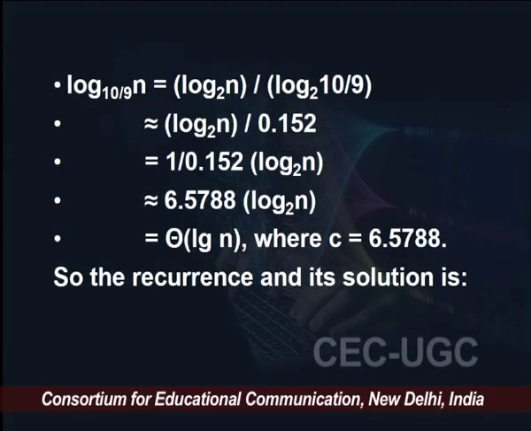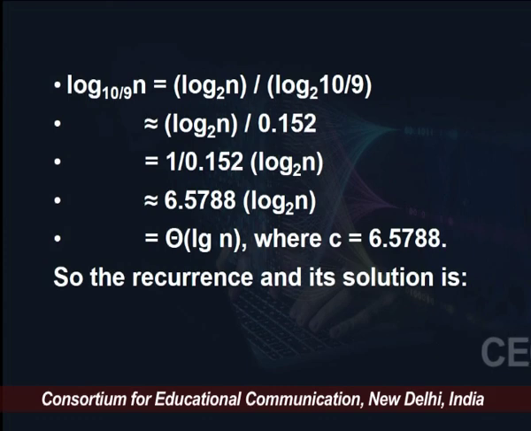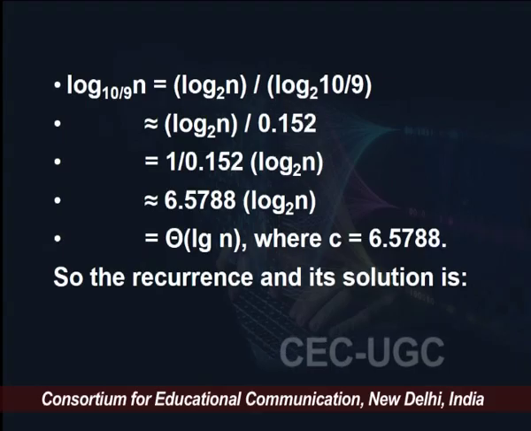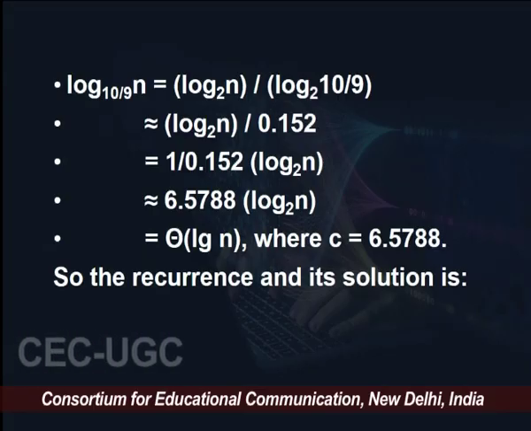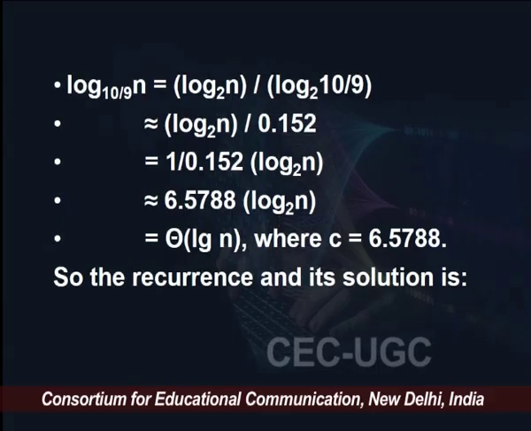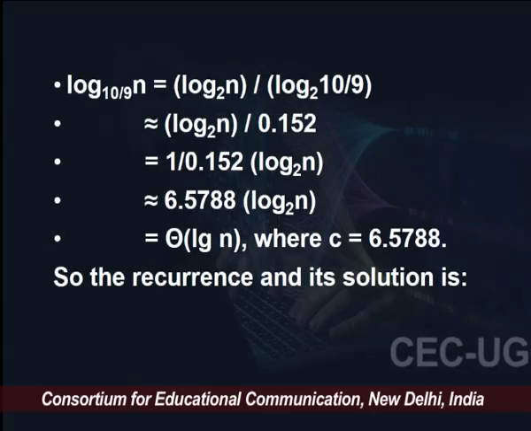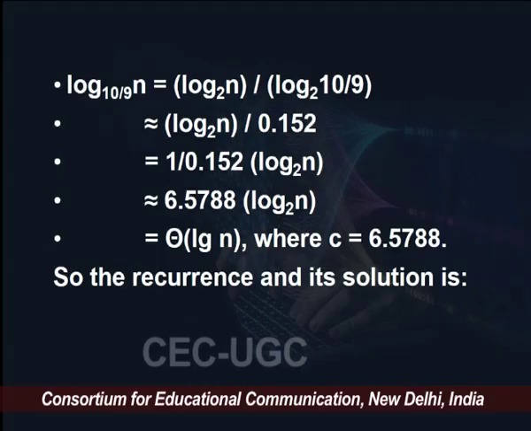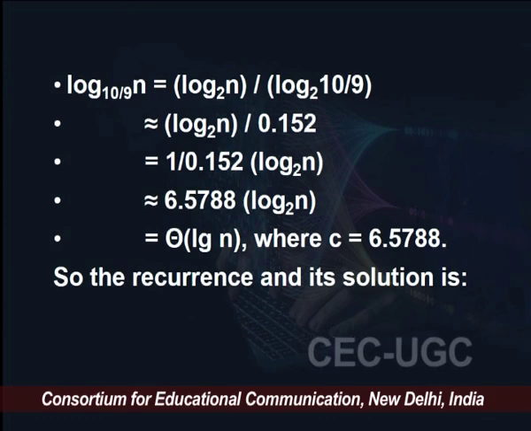By the derivation, log n with base 10 by 9 is equal to log n with base 2 divided by log 10 by 9 with base 2, and if we put in these values, and the constant which we have taken, C, is equal to 6.5788, ultimately we end up with theta log n.